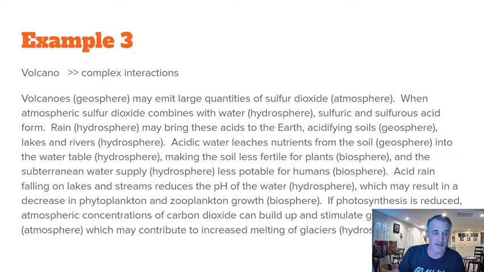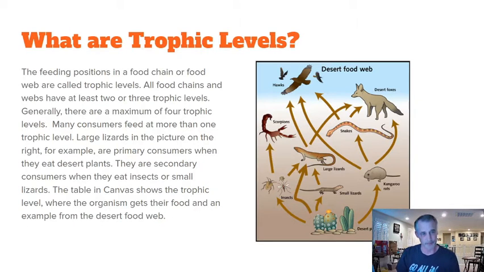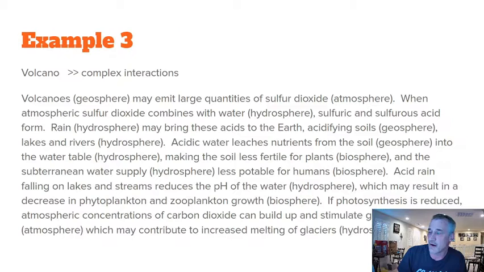If photosynthesis is reduced, atmospheric concentrations of carbon dioxide can build up and stimulate global warming. Now we're back to the atmosphere, which may also contribute to increased melting of glaciers, which is the hydrosphere. So when we're looking at this, you can see there's a lot of interlinking, and that can affect all those four levels, right? Hydrosphere, geosphere, atmosphere, biosphere.